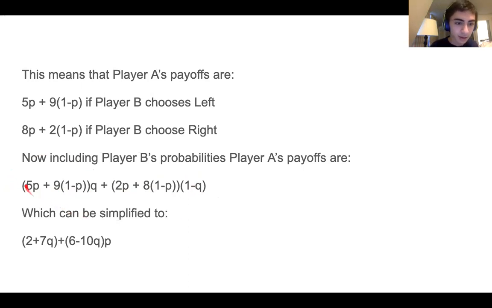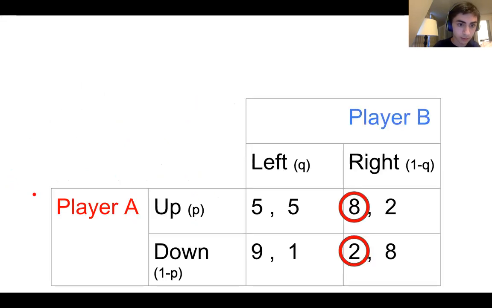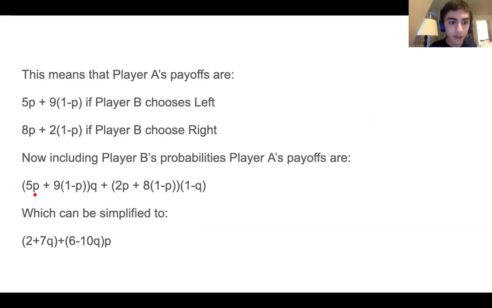It's just, this is if player B is going to choose left with Q chance. And in that case, player A is going to choose up with P chance and get a payoff of 5. The player gets a payoff of 9 when he chooses down with 1 minus P chance.